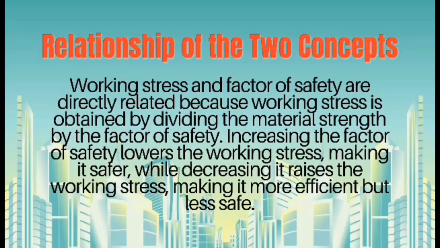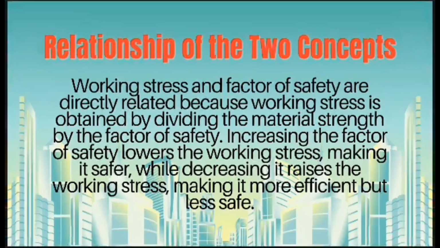So the working stress and the factor of safety are connected. If the factor of safety increases, the working stress becomes smaller, making it safer. If the factor of safety decreases, the working stress becomes larger, which increases efficiency but also increases risk.